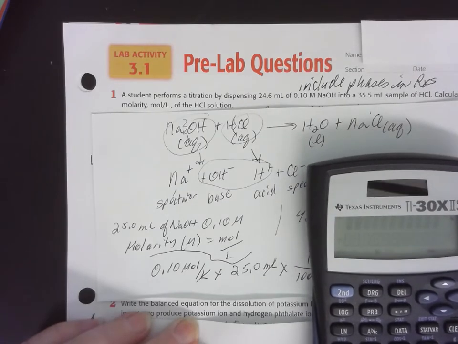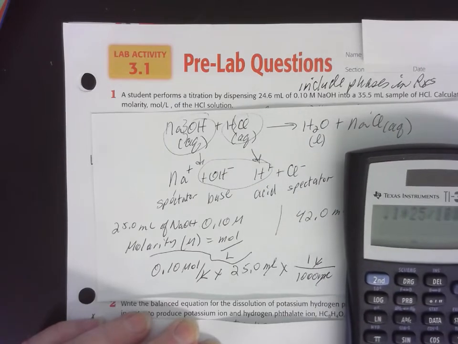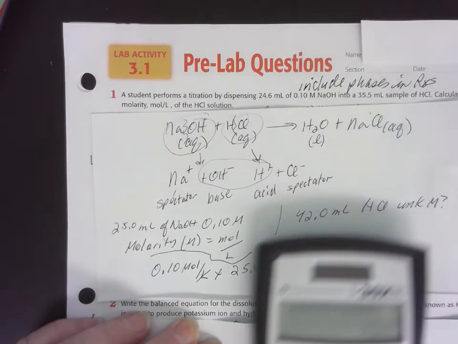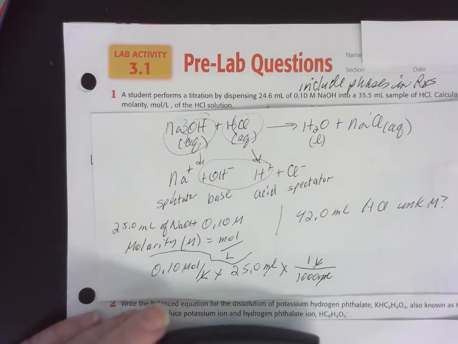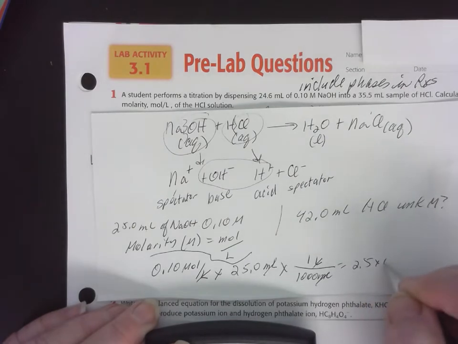We have 0.1 times 25 divided by 1,000. So we have 2.5 times 10 to the negative 3 moles.